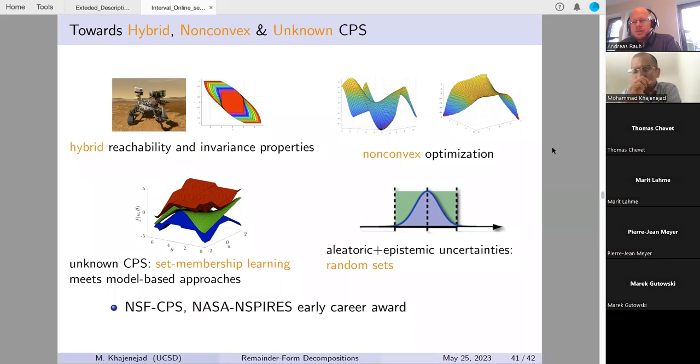Yeah, it's more like the second interpretation that you mentioned. So you know that there are approaches in distributionally robust estimation and control, right? That's one way of addressing a combination of robust or guaranteed uncertainty work and stochastic work.